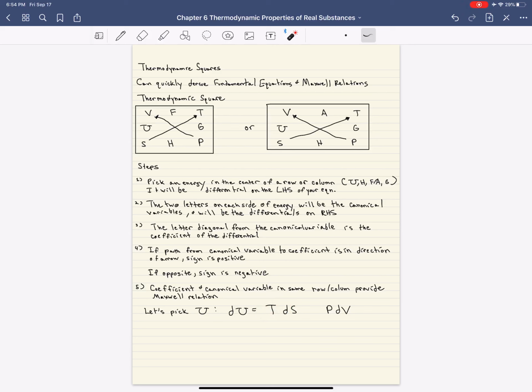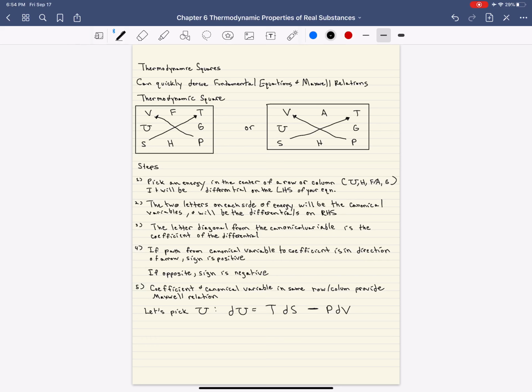But when we went from V to P, we went opposite the direction of the arrow, so P is negative. All right? That's how you use the thermodynamic square to derive the fundamental equation.